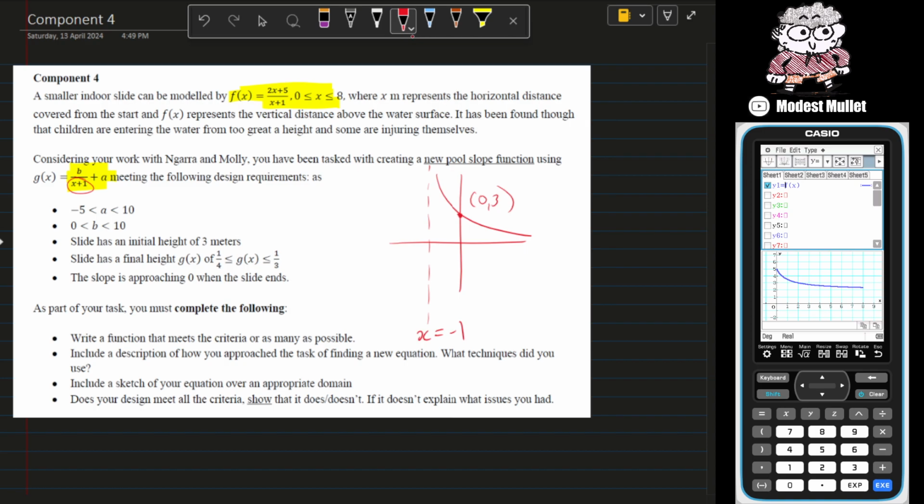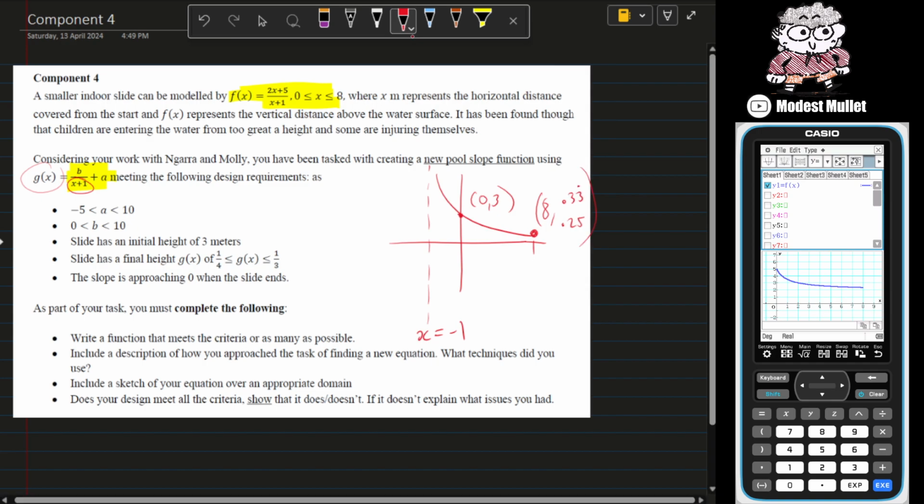From there, the slide has a final height g of x, so our new function is called g of x, between 1/4 and 1/3. So over here, our final point at 8 needs to be between 1/4 and 1/3, either on the low end 0.25 or at the high end 0.333, or somewhere in this range.